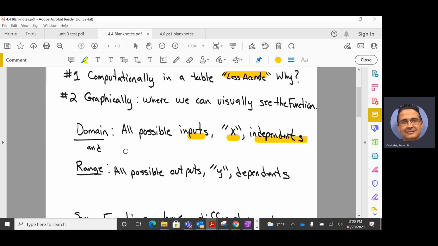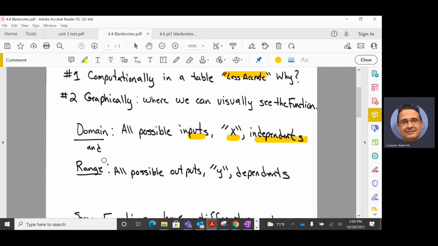So negative numbers wouldn't make sense in an equation that is dealing with only time. Same thing with a lot of different circumstances. Money, some money problems, negative would not make sense. So you may not have all of your values be used.